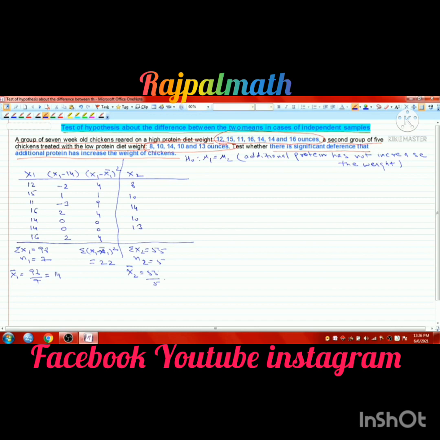So the mean of the second group is 55 divided by 5 equals 11. Again, the square of the deviations from the mean of the second group, I am directly doing the squares: 9, 1, 9, 1, 4. 13 minus 11 is 2, 2 squared is 4. The sum total is 24.